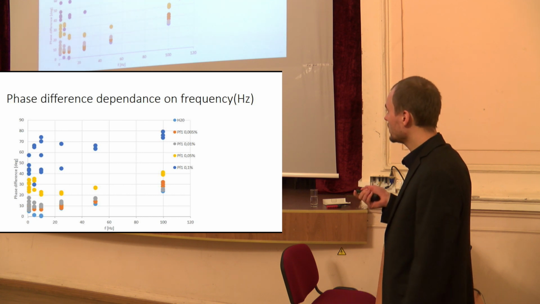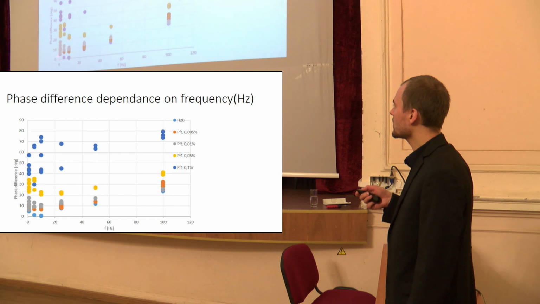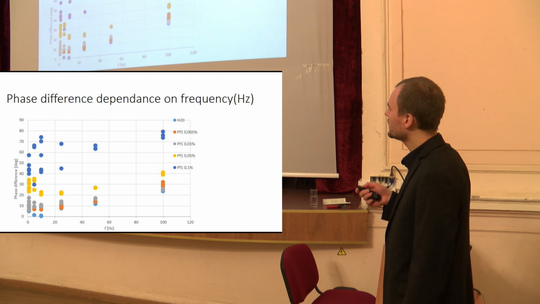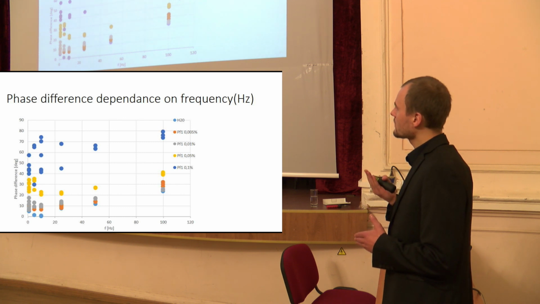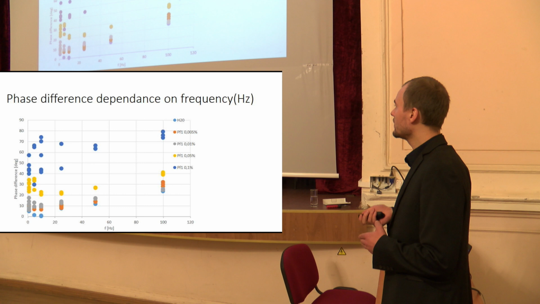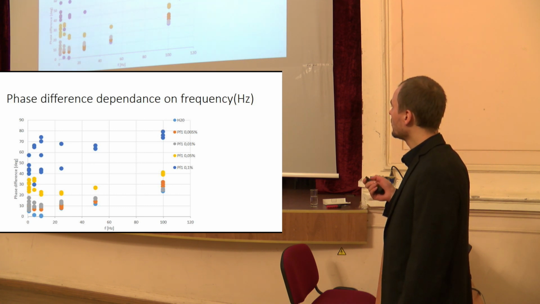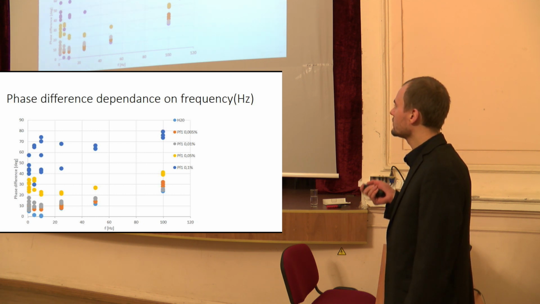When the frequency of the piezo table's oscillation increases, we can see that the phase difference between the sample's oscillation and the bead's deviation oscillation on the detector increases, which is expected.